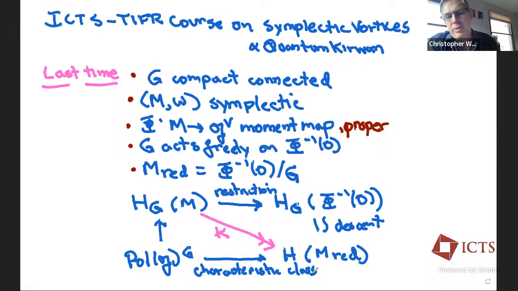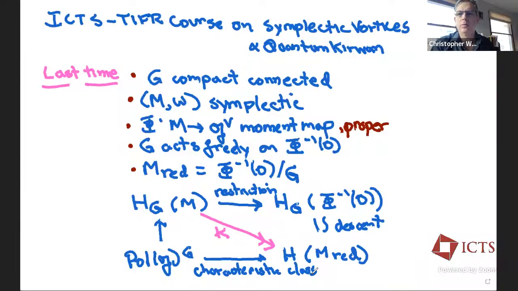If I take some curvature two form and apply an invariant polynomial to that two form, then Chern-Weil theory says that I get a well-defined cohomology class, which is independent of the choice of connection. So the bottom horizontal map is: I just plug the curvature into the polynomial. And then this diagram.